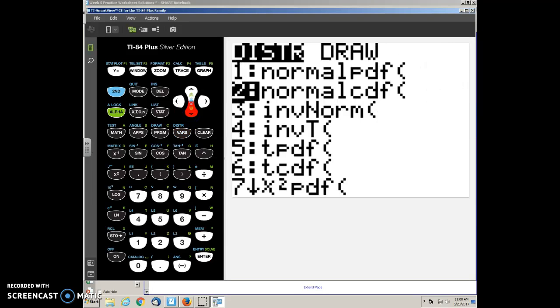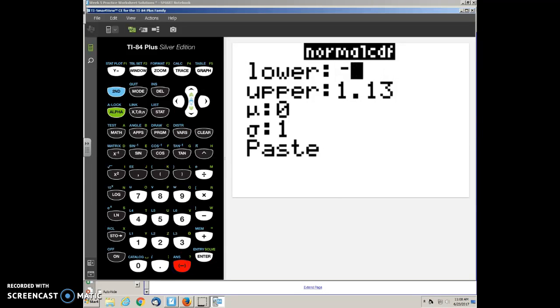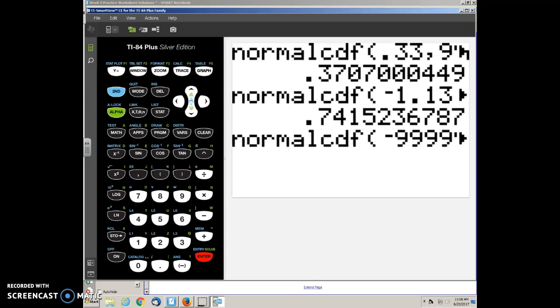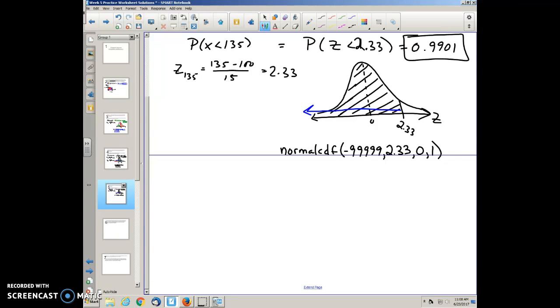Normal CDF, negative 99,999 to 2.33, mean of 0, standard deviation of 1, paste, hit enter, 0.9901. So you usually do get the same answer. Sometimes you're off by 0.0001. But in this case, we got the exact same answer.